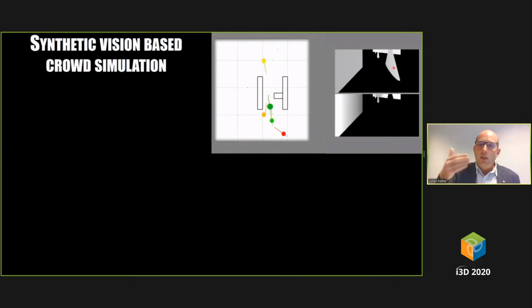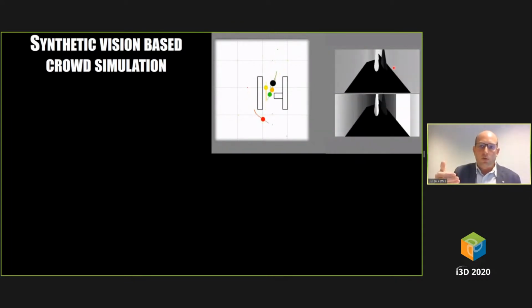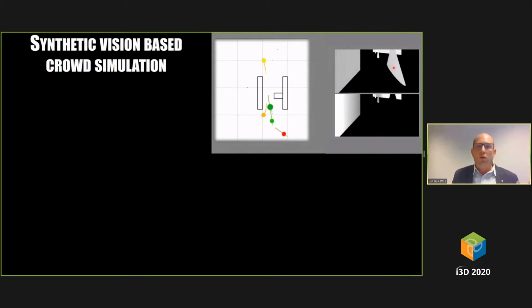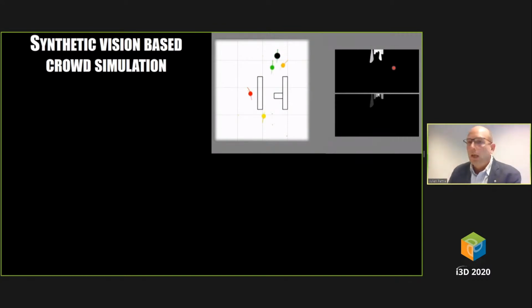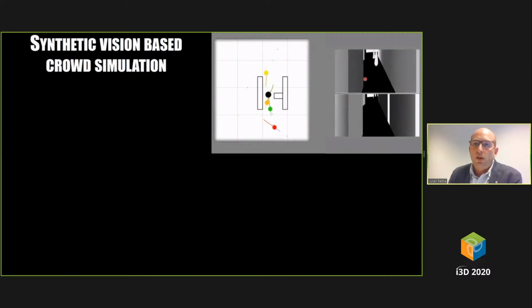And this is very similar to a rendering of the environment from their point of view. There is a lot of deformation here because we give them sort of a wide angle of view. And the most important here is to understand what kind of information we project here. So you see there are two kinds.